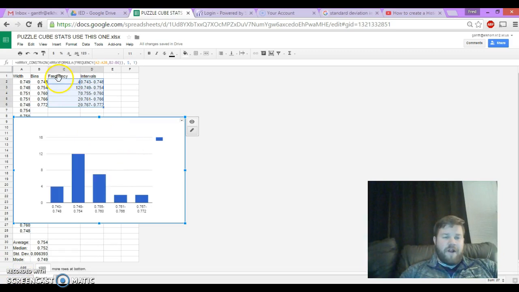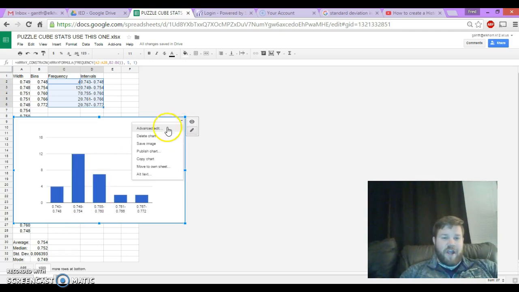Now what I did is I highlighted this here. I went right click, insert chart, and now I have this data which tells me I had 4, 12 cubes fit within this range. It looks like about 7 within that range.